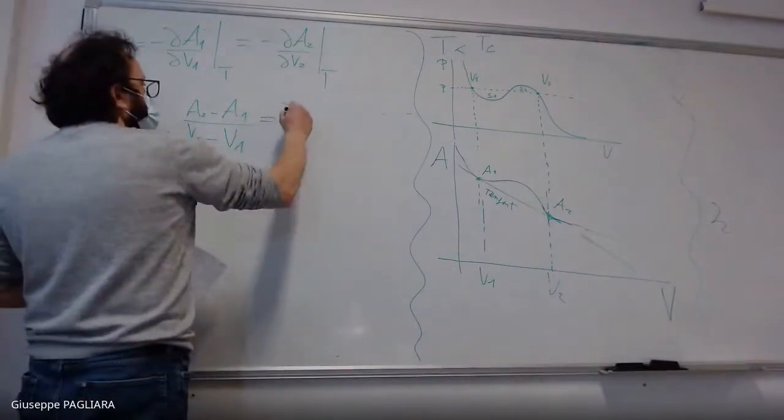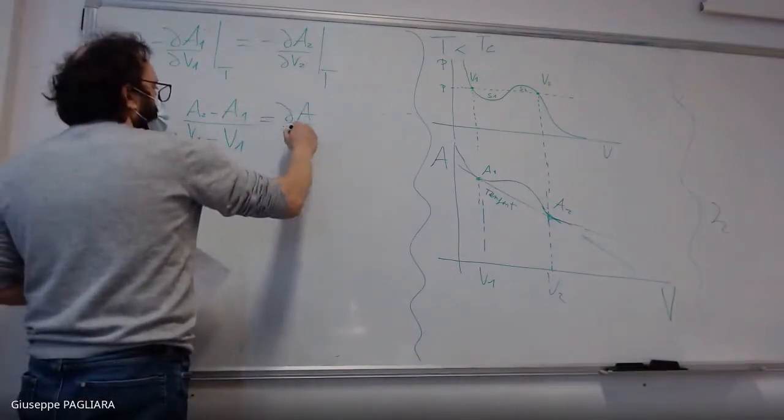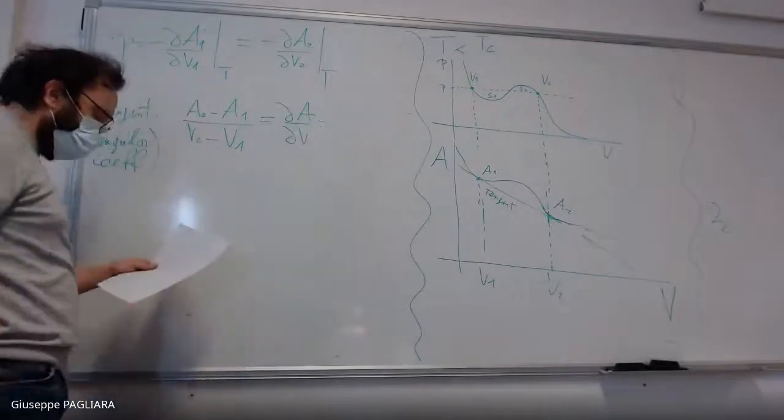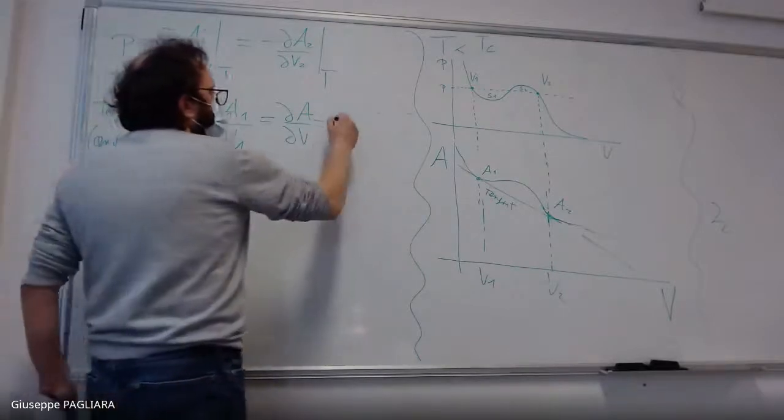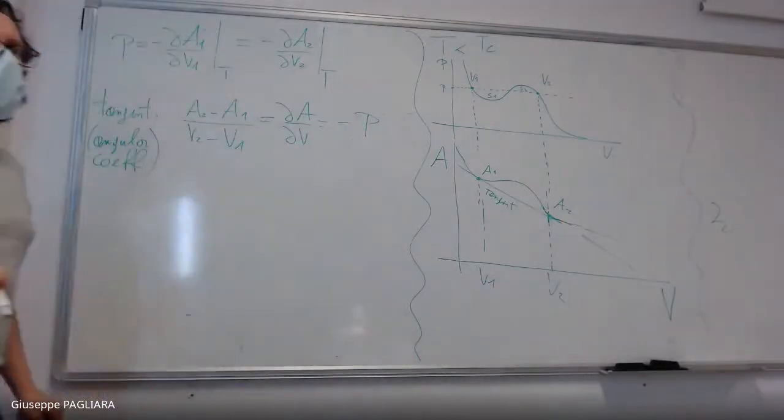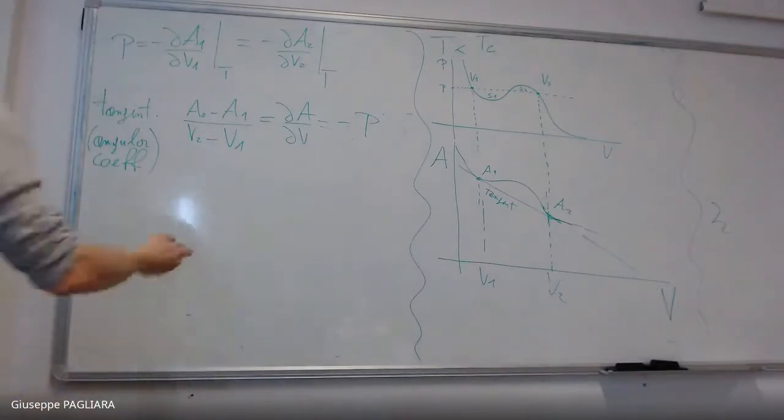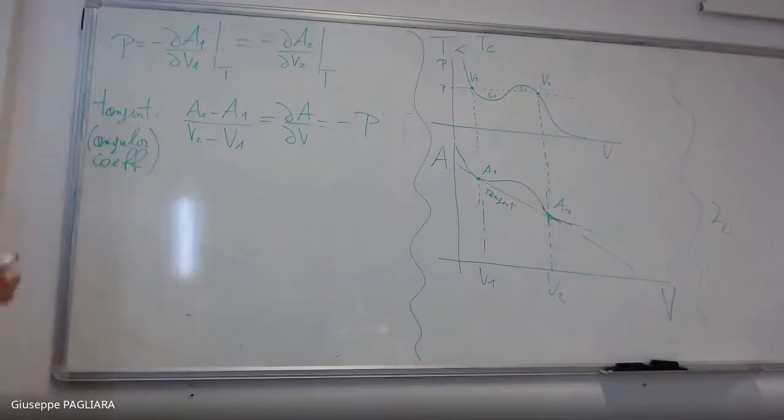This is the partial derivative of A with respect to V along the tangent, and this is minus P. Along the straight line, this is just the angular coefficient.